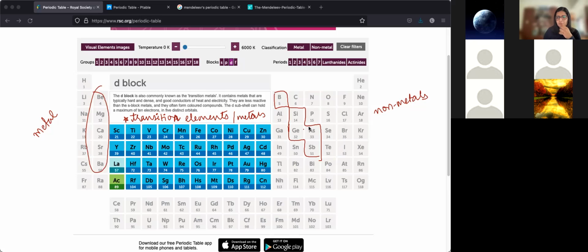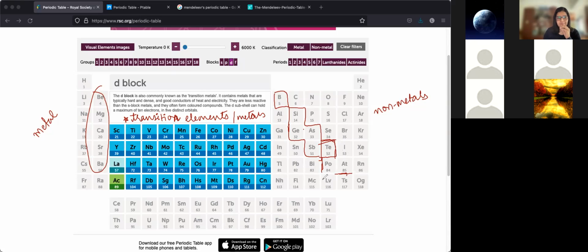Tellurium, polonium, in between. Polonium is a metal, a radioactive metal, but I think tellurium is a metalloid. Polonium is also a metalloid. Yeah. Astatine is radioactive. From polonium onwards, radioactivity kind of starts.